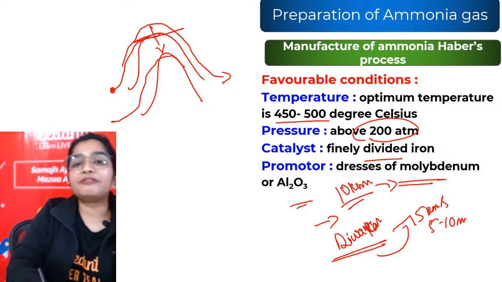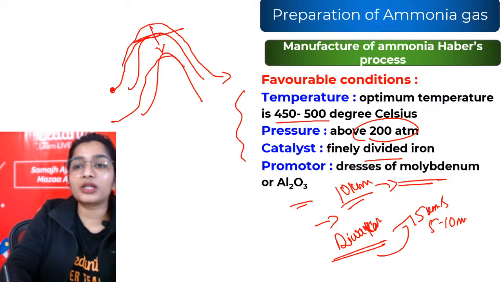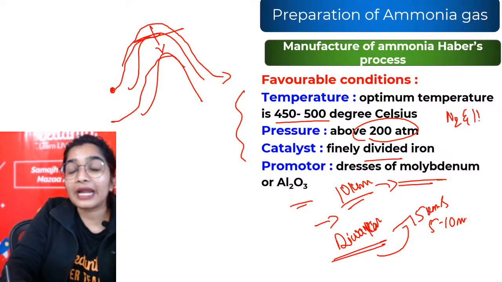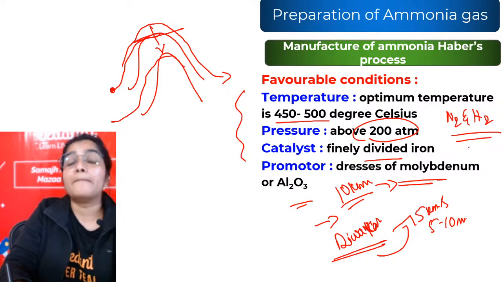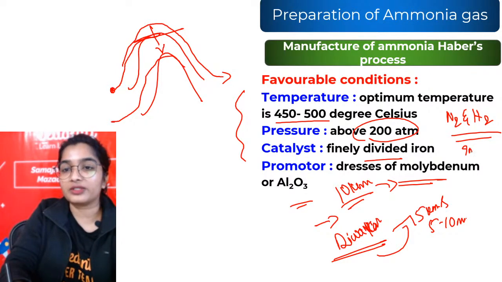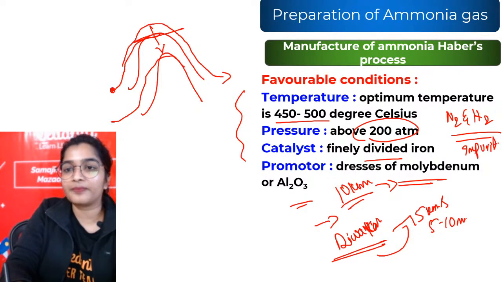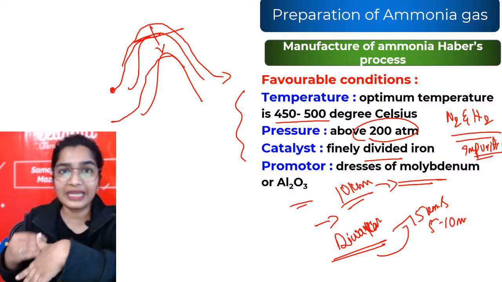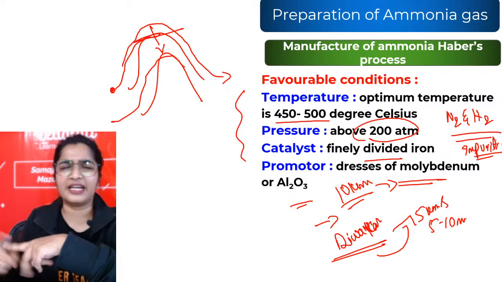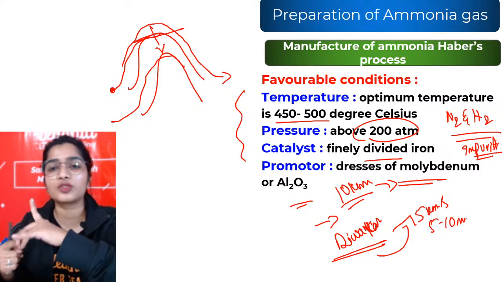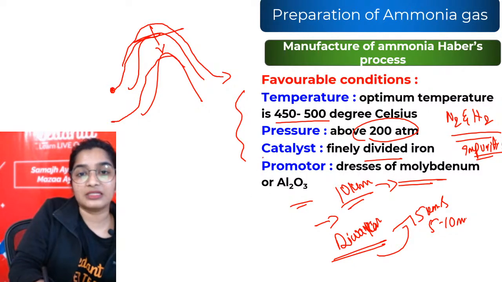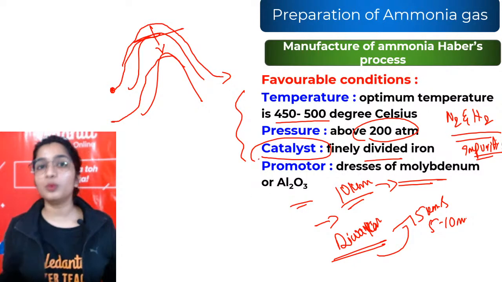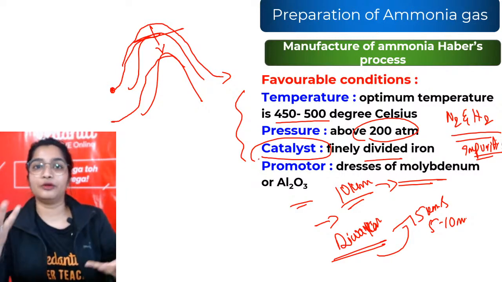So these are the favorable conditions. And one more important thing is that the nitrogen and hydrogen you are taking must be free of impurities. No impurities allowed. What happens if there are impurities like hydrogen sulfide, carbon monoxide or carbon dioxide? That will poison the catalyst, and the catalyst does not work, or there will be some other kind of reaction.